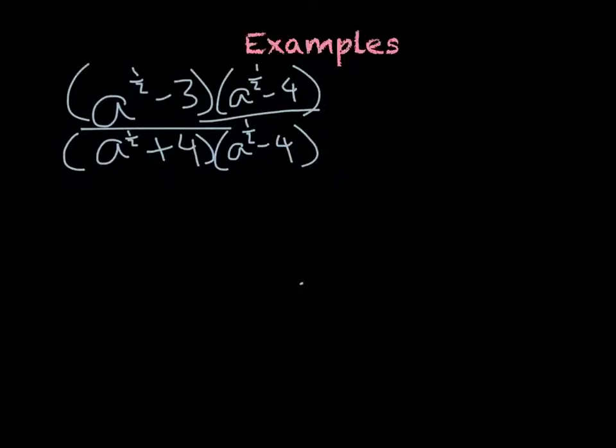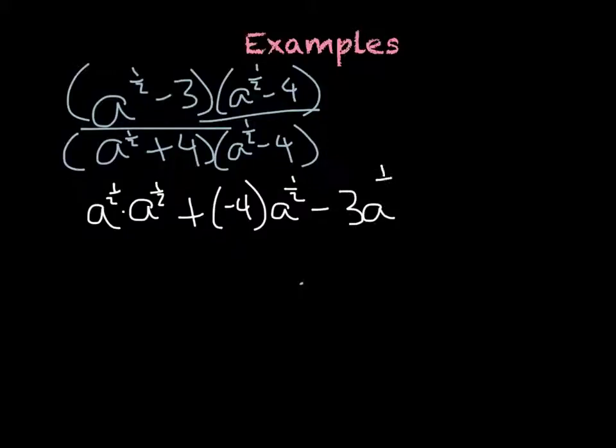And now, in our numerator, we're going to use FOIL. First terms multiplied by each other, plus the outer terms multiplied by each other, inner, and last. And that becomes a minus 7a to the 1/2 plus 12.